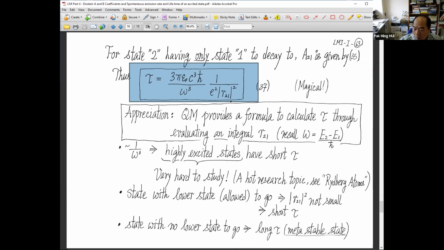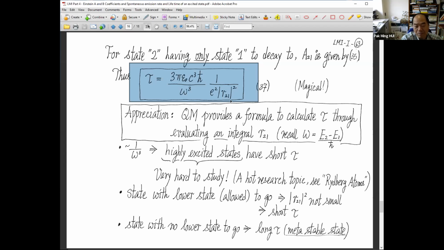And this is a point here that I want you to appreciate what quantum mechanics is. I mentioned this several times. Don't take quantum mechanics as many formulas with variables with symbols. One of the major triumphs of quantum mechanics is to calculate some number out that can be compared with experiments.